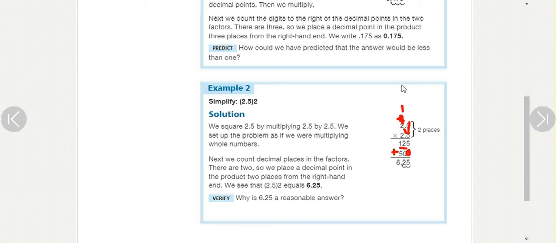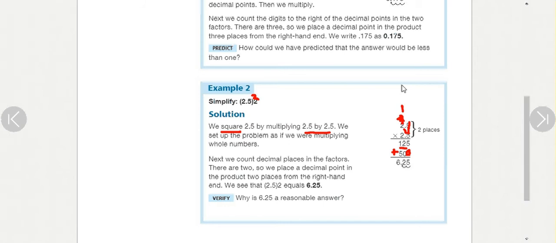Now, I just realized something about my book. This looks like the number 2, and I don't know if yours looks like that too. That would be just 2 times, but they say down here, and I just carried out the operation that we square 2.5, which would mean 2.5 times 2.5, which is why we did it this way, which is going to lead me to 6.25. But I need this to be written like this.